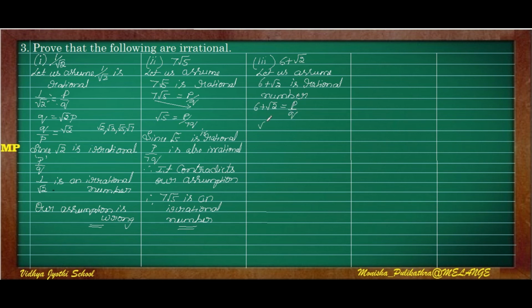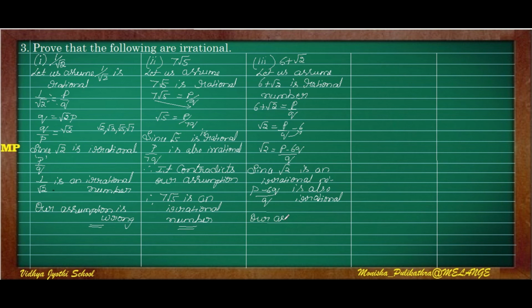We can shift the 6 to that side. So root 2 is equal to p by q minus 6. So root 2 is equal to (p minus 6q) by q. So since root 2 is an irrational number, which is equal to (p minus 6q) by q, that is also irrational, which is quite contradictory to our assumption.